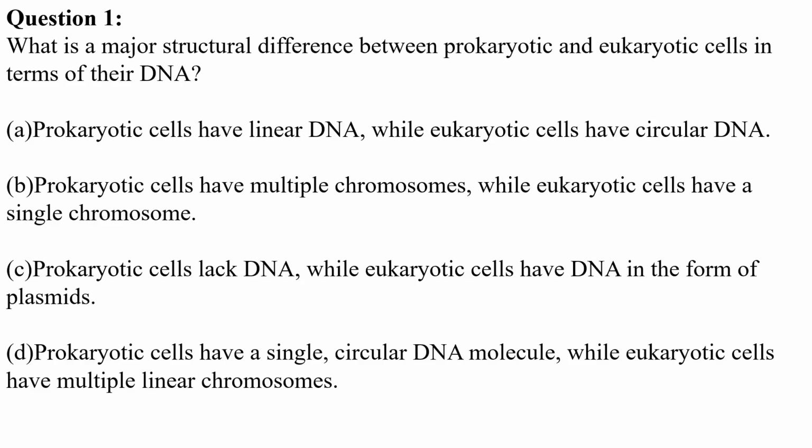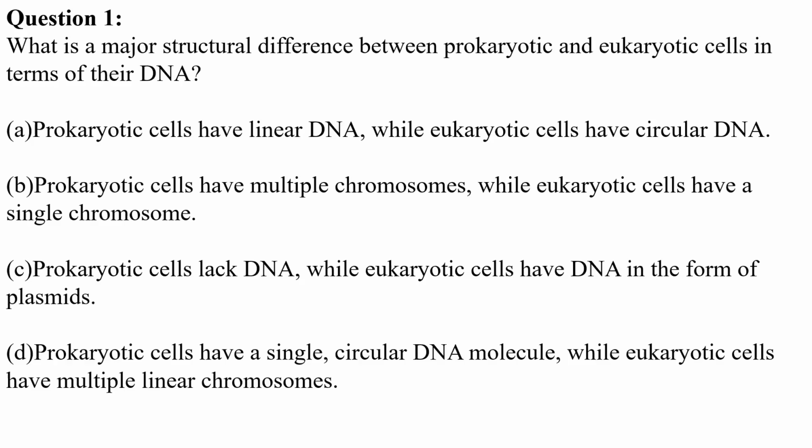Question number 1. What is a major structural difference between prokaryotic and eukaryotic cells in terms of their DNA? Option A, prokaryotic cells have linear DNA while eukaryotic cells have circular DNA. Option B, prokaryotic cells have multiple chromosomes while eukaryotic cells have a single chromosome.